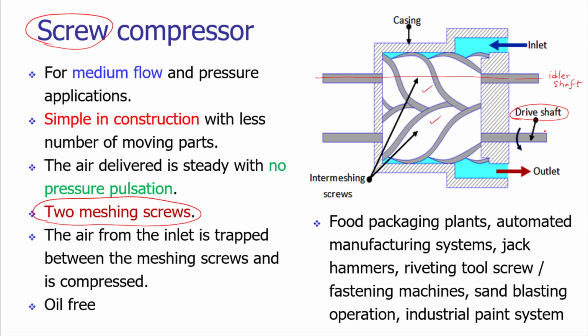So the drive shaft is governed by the electric prime mover. As the shaft is rotating, this drive shaft is driving the drive screw, and that drive screw is driving the other meshed screw.